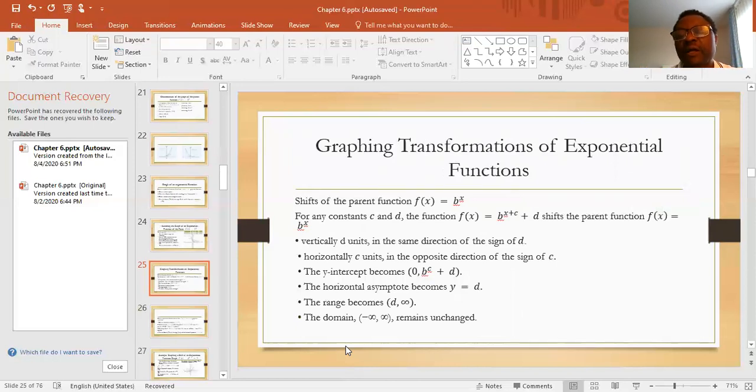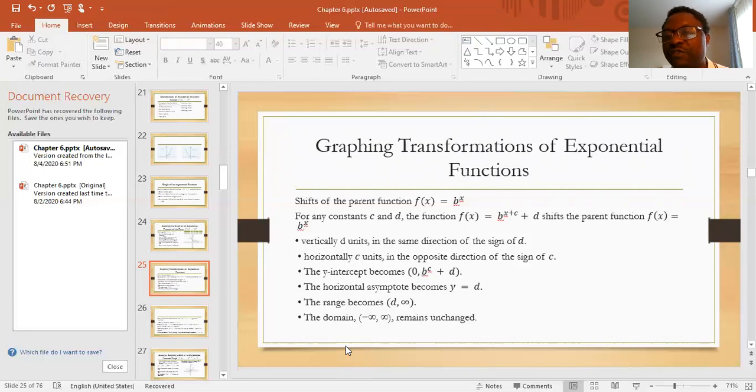We can obtain any other exponential function by transforming the graph of the basic function f of x equal to b raised to power x. So for any constants c and d, the function f of x equals b raised to power x plus c, plus d, shifts the parent function f of x equal to b raised to power x vertically d units in the same direction of the sign of d, and horizontally c units in the opposite direction of the sign of c.